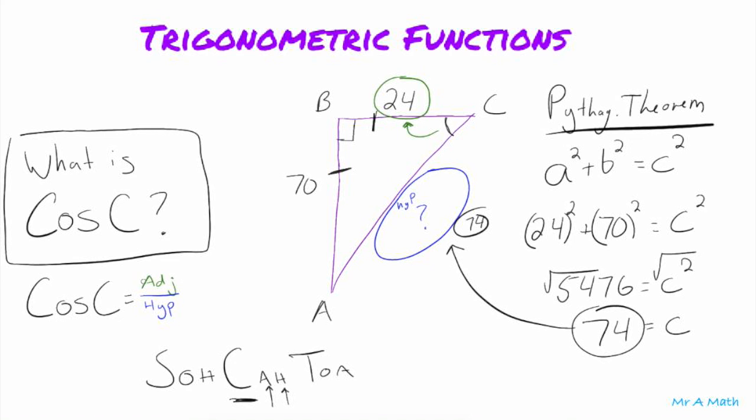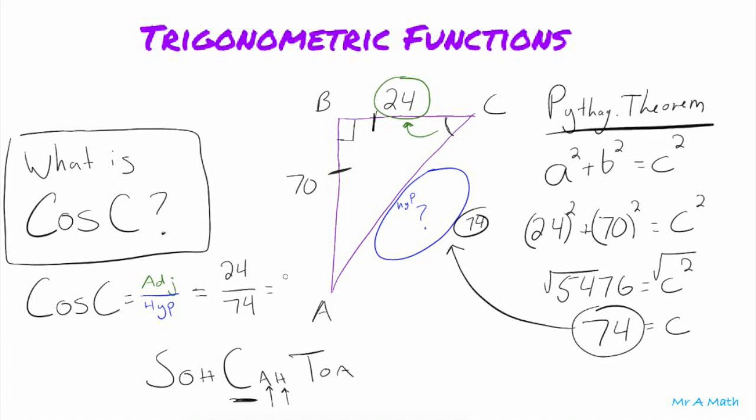Because cosine is adjacent over the hypotenuse. We weren't given it, but now we solved for it because we had two of the three sides. So we can say that the cosine of c is 24 over 74. Before you circle your answer, we realize that both of these are even, which means they both reduce.